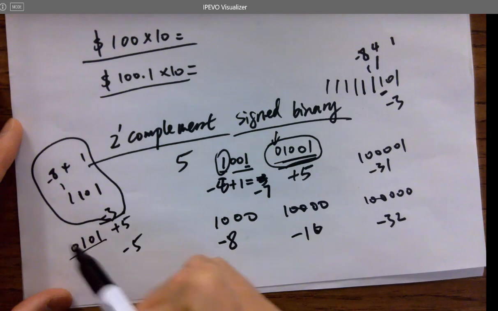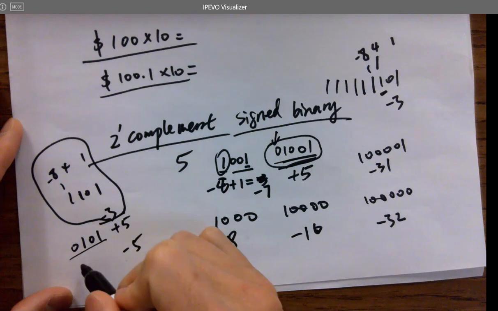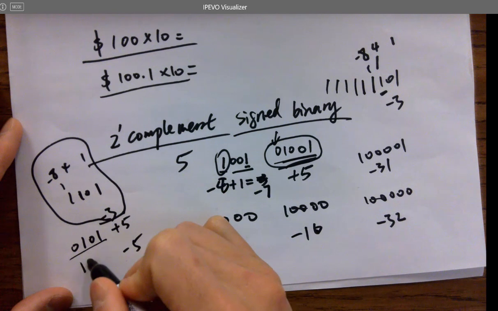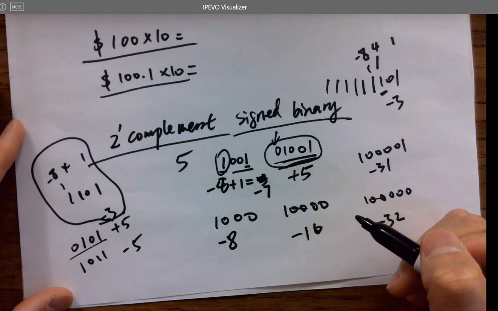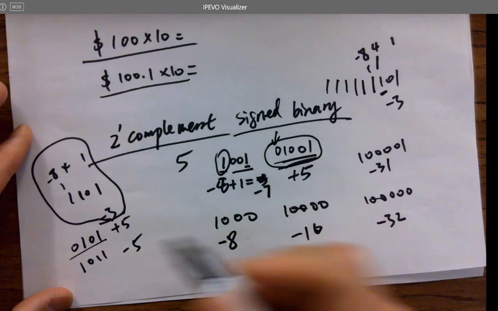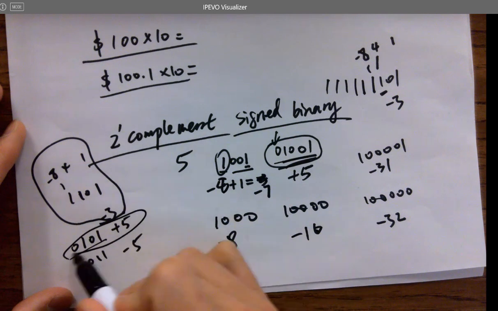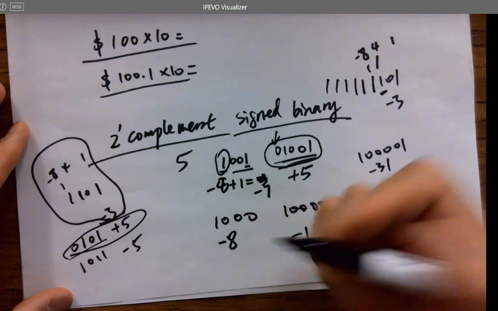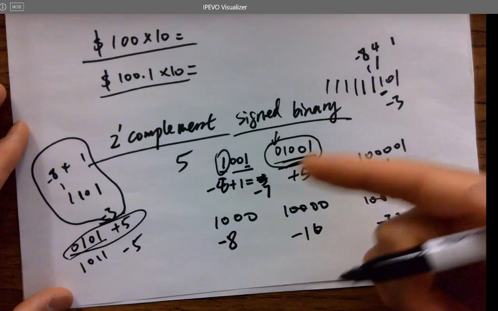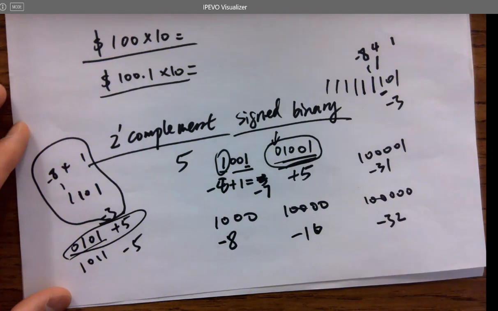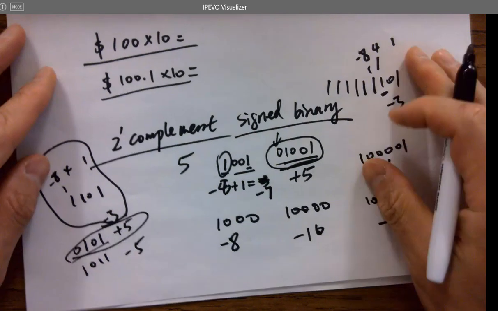Definitely you can think about, hey, -5, I need a -8 first, and then I need a 3, right? Okay? Or another way to do it is you invert every bit and add a 1 to it. It just works out. Don't ask me why, but it just works out. So that's how you convert a positive number to its negative number.